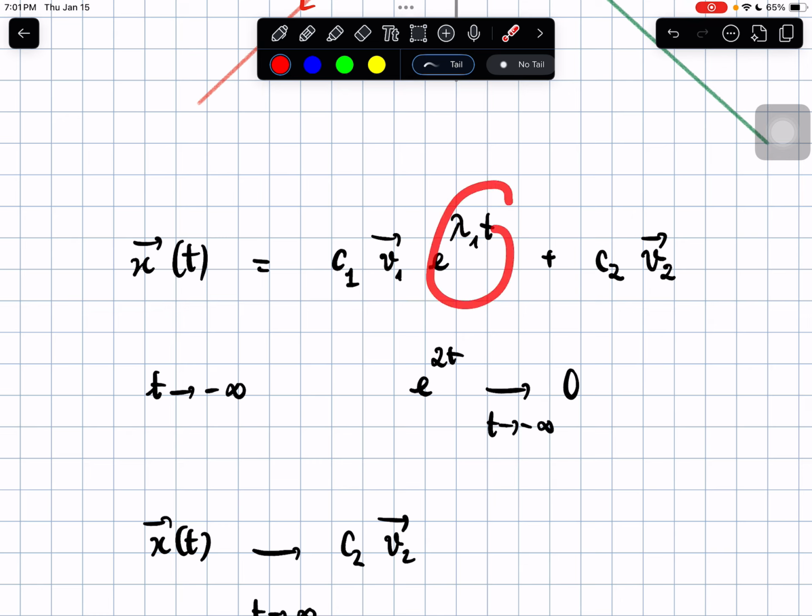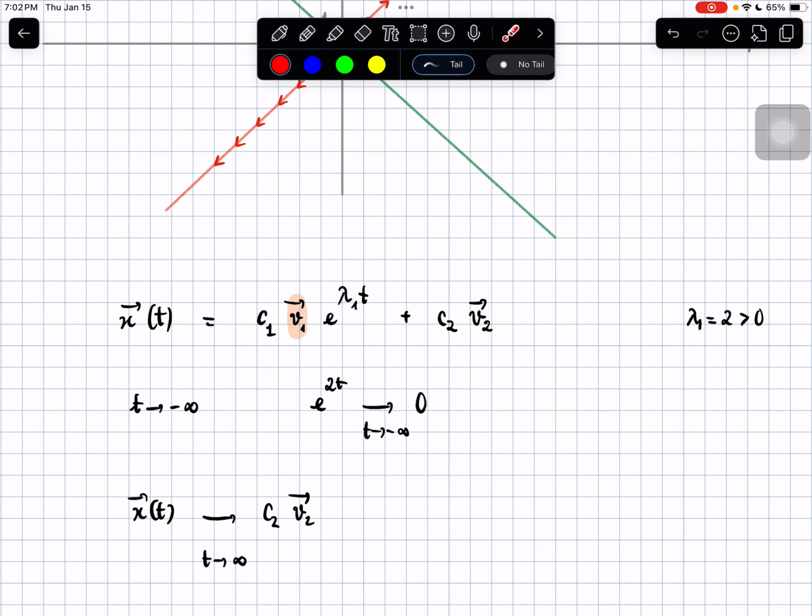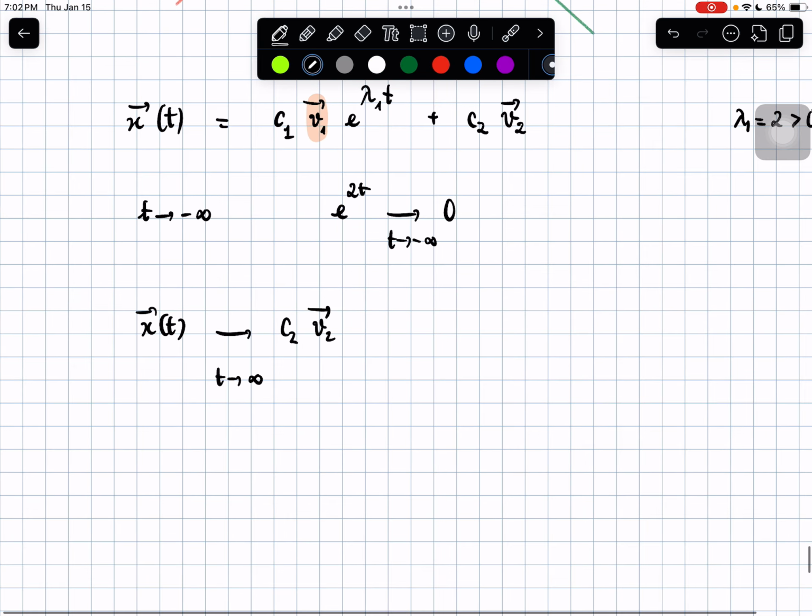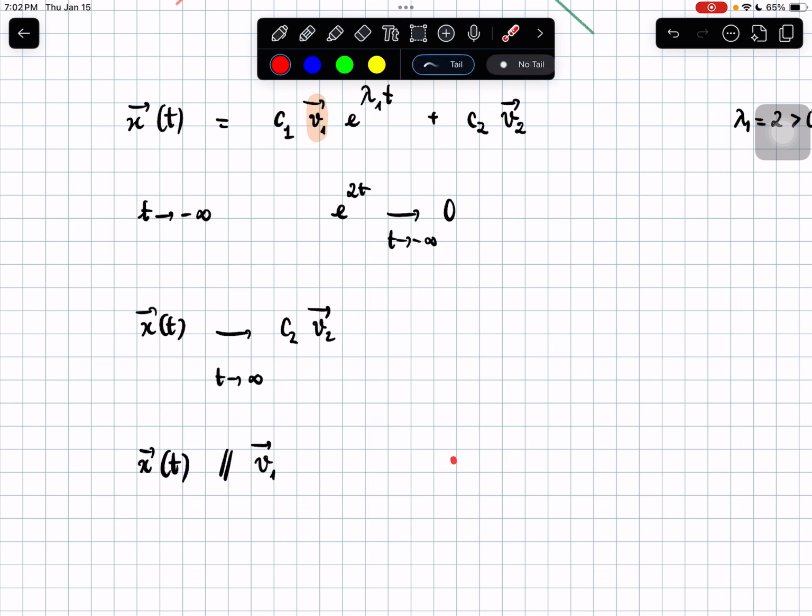Second thing is that for t big, or for any t, this one dominates. Here is something times v1 plus a number times v2, vectors containing two entries. So X(t) is parallel to v1 the whole time when c1 is not 0.